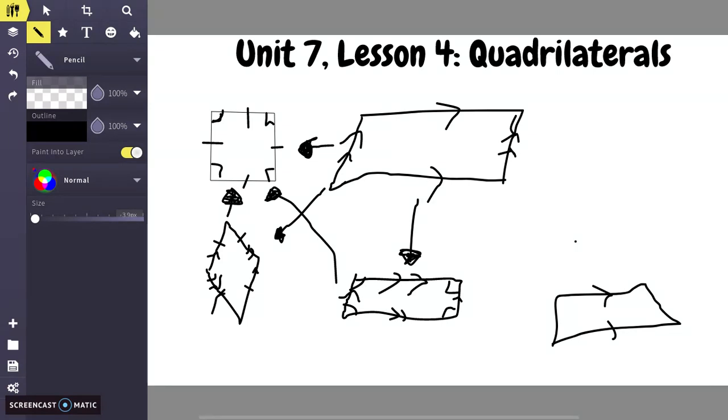Honestly, a trapezoid could kind of look like the bottom of a triangle, but there's nothing about the angles that are necessarily alike that calls it to be any of the following things. So it doesn't have to do with any of this. It's not a parallelogram, it's not a rhombus, it's not a rectangle, and it's not a square.